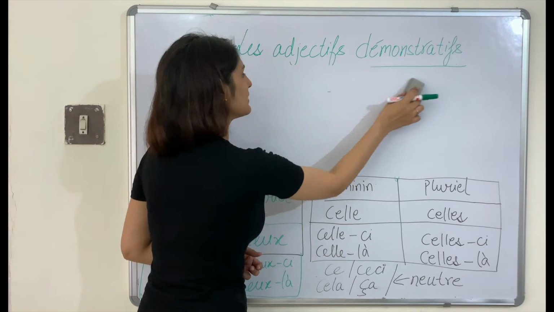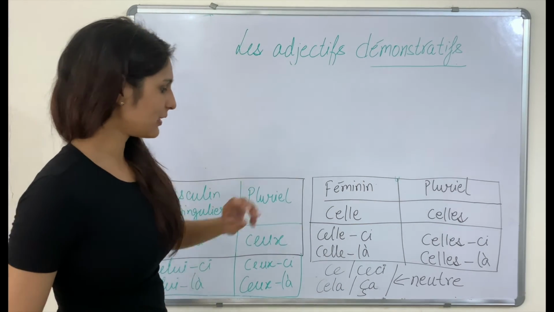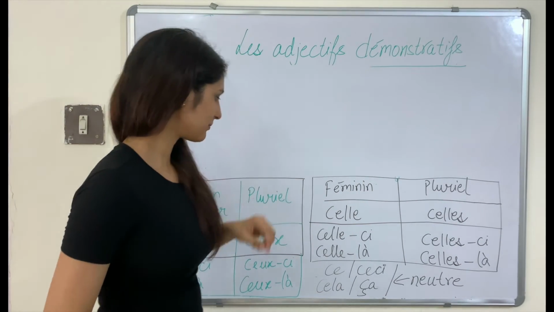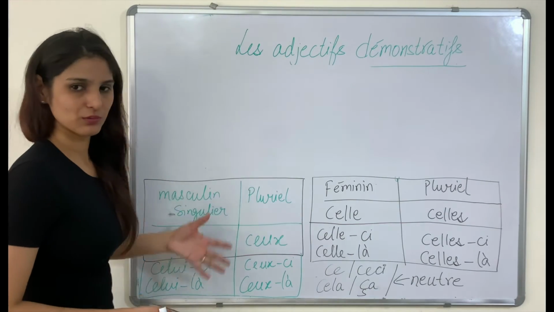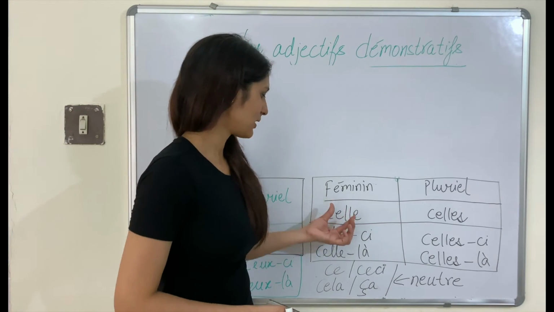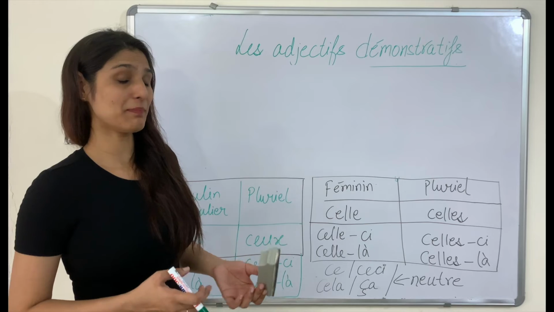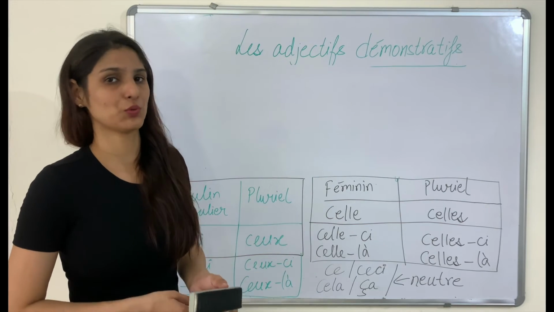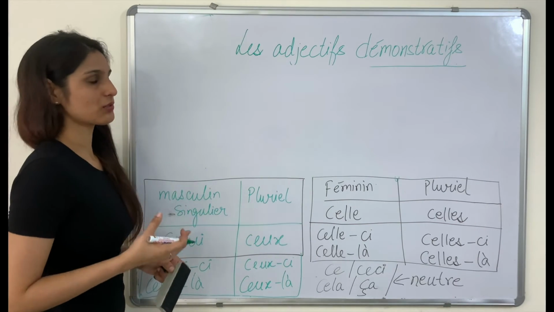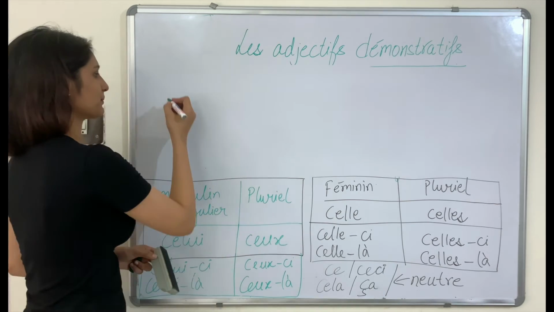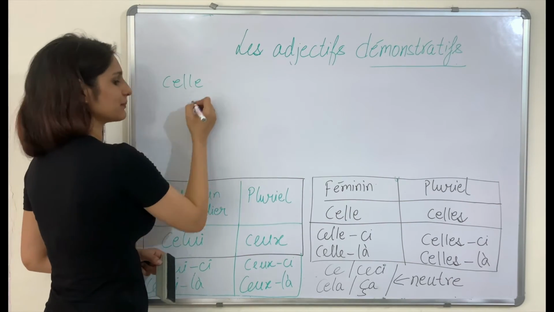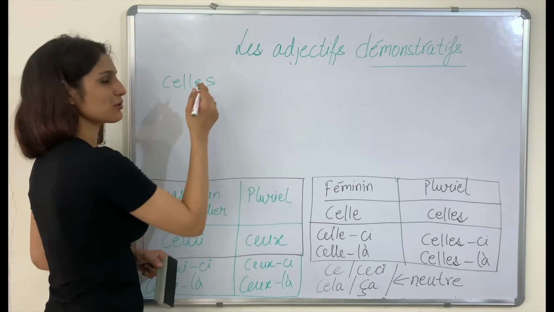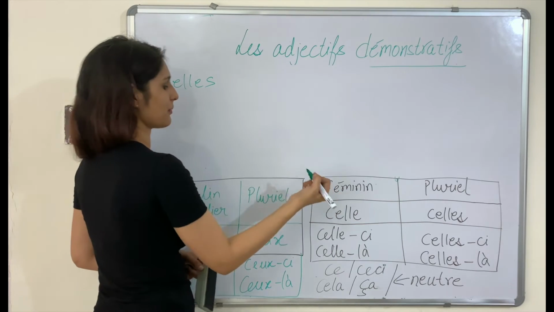And next is with the feminine case, and you could note that actually if you want to. Celles qui parlent beaucoup sont absentes aujourd'hui. Those girls who talk a lot are absent today. Celles in plural now, I'm going to use actually in plural case, not in feminine.